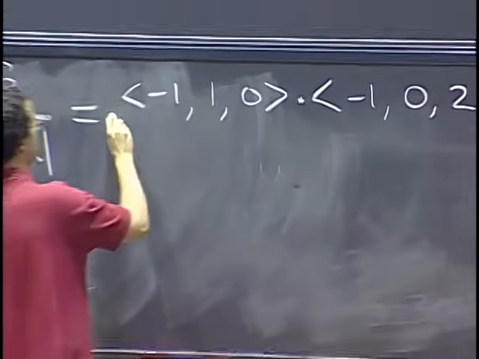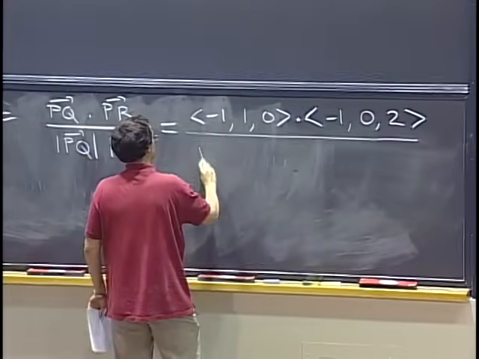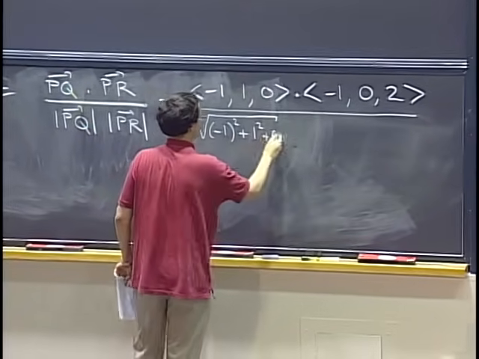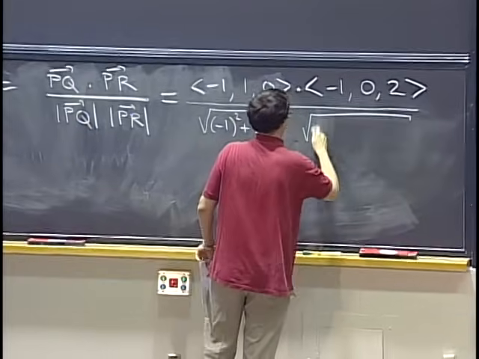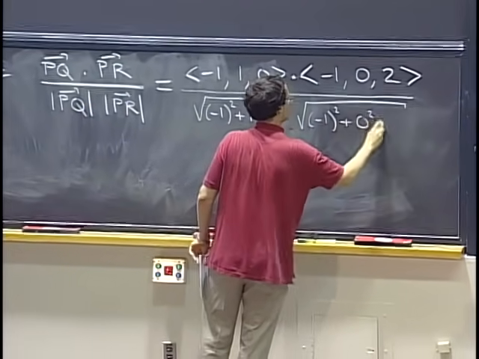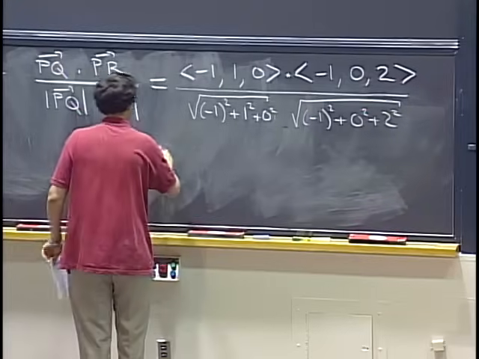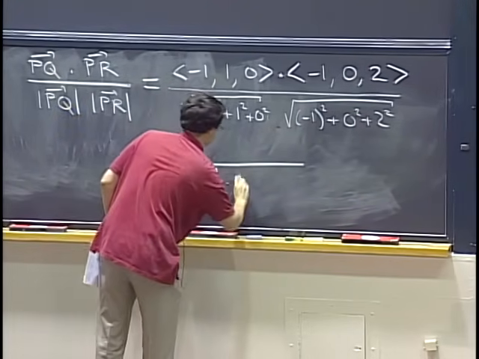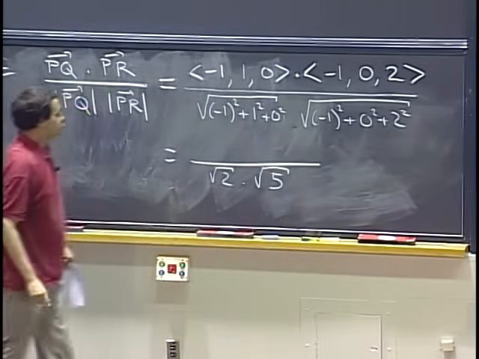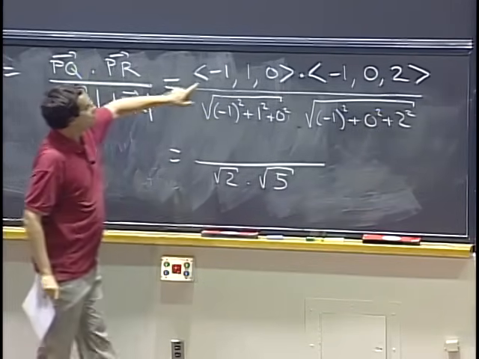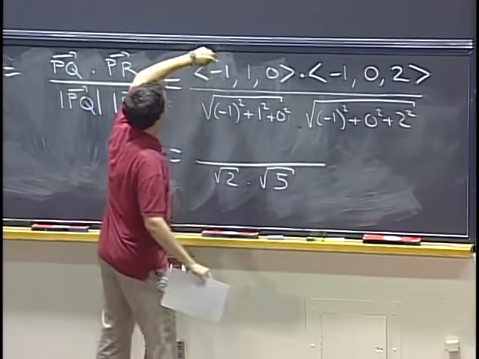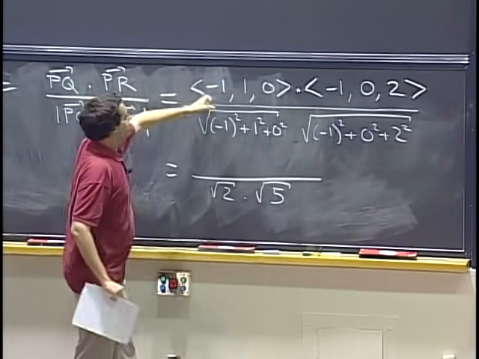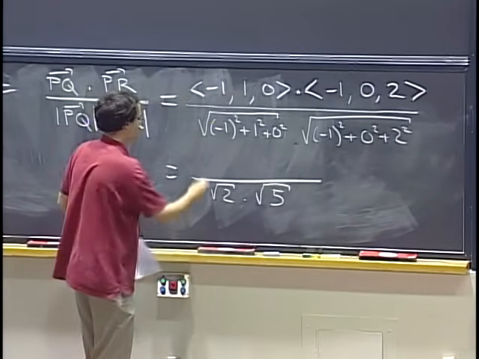Okay? Then the lengths of these vectors, well, we take -1 squared plus 1 squared plus 0 squared, square root, and then same thing with the other one. Okay? So the denominator will become, well, there's a square root of 2, and there's a square root of 5. What about the numerator? Well, so remember, to do the dot product, we multiply this by this, then that by that, that by that, and we add. -1 times -1 makes 1.